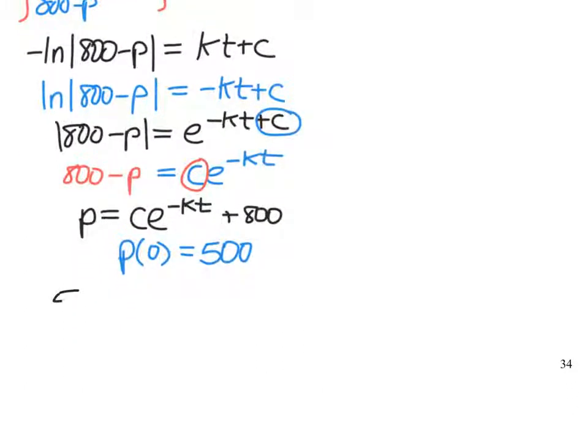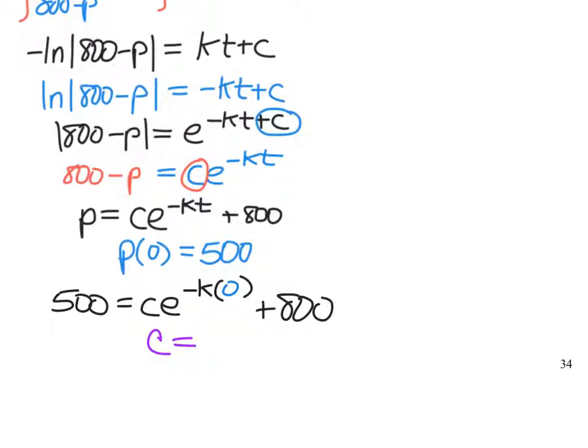So 500 is equal to C e to the negative k times 0, plus 800. From that, we can get the value of C, which is what? 300.